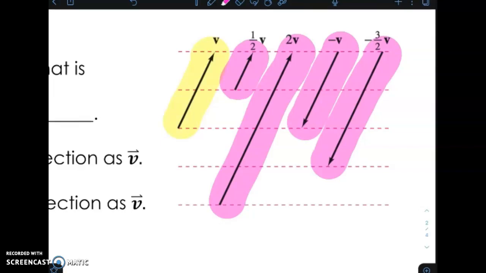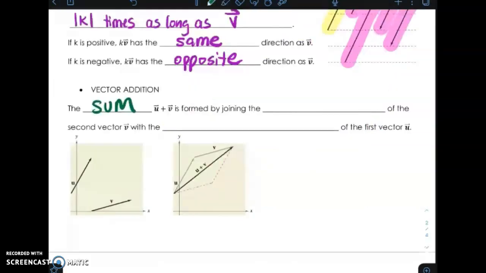The sum of vector u plus vector v is formed by joining the initial point of the second vector with the terminal point of the first vector.